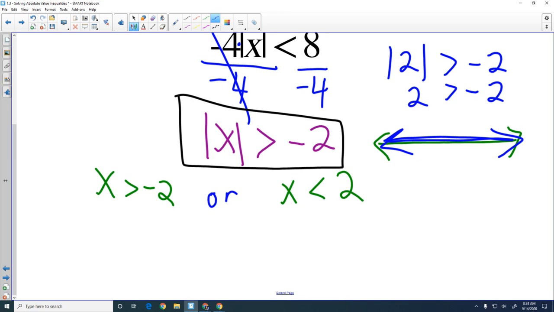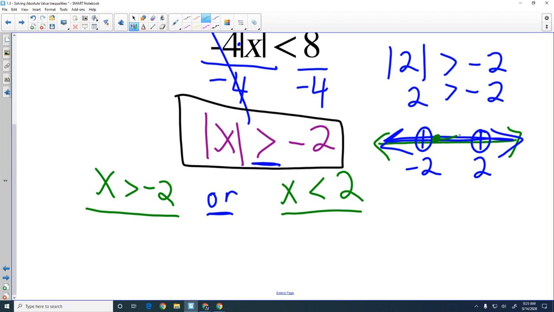And it is. So even if I put a negative 2 and a positive 2 on here and circled them, every number still works. So you're right in that this absolute value sign is the or word, but if x can be greater than negative 2 or x can be less than 2, it's kind of like from here, I'm going to the right forever, and from here, I'm going to the left forever. It happens to cover every single number to the right and to the left.